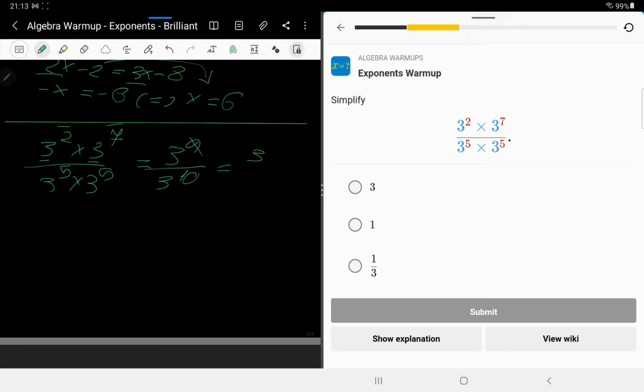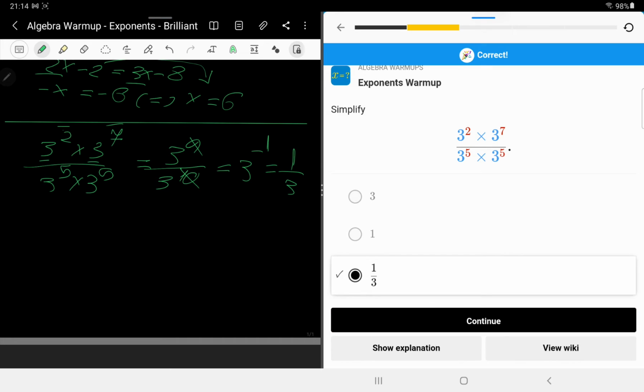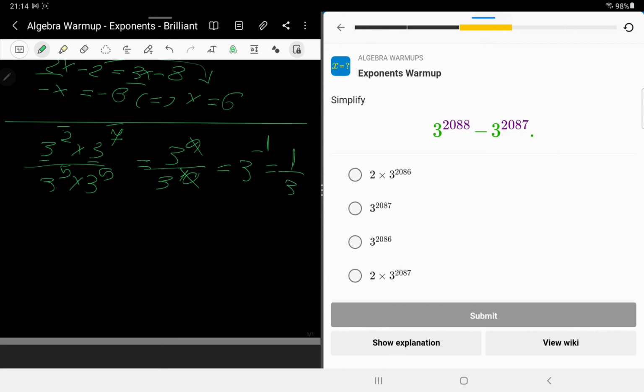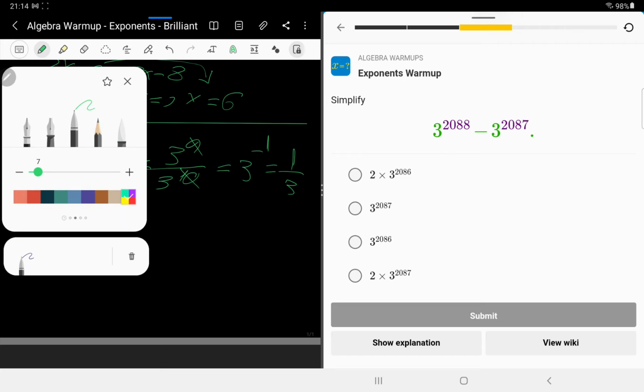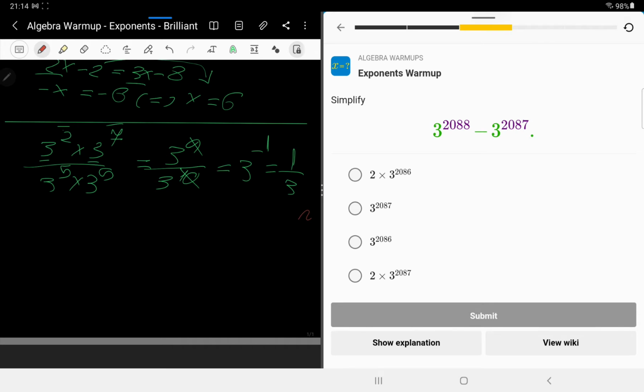To better say it, 9 minus 10, you simply subtract them. So 9 minus 10 is minus 1. So it's 3 to the power of minus 1, which is 1 over 3. If we select it, that is correct. Moving on, let's change the color of this line.